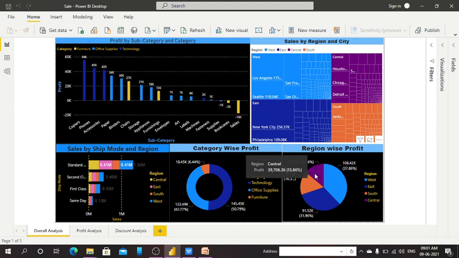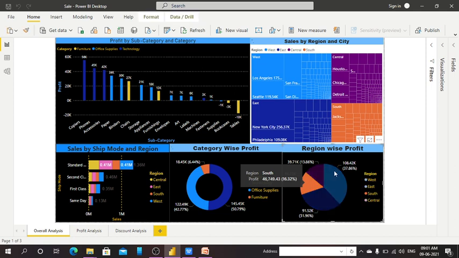I have also used a filter in this plot. If I click on any category, my whole dashboard is manipulated from that category, so this will be easy for analysis.